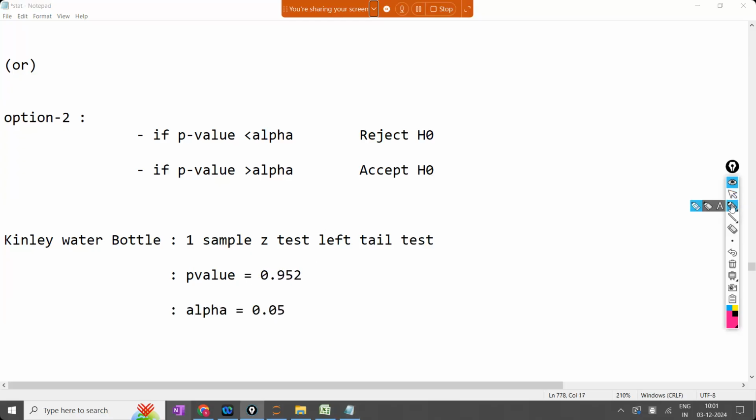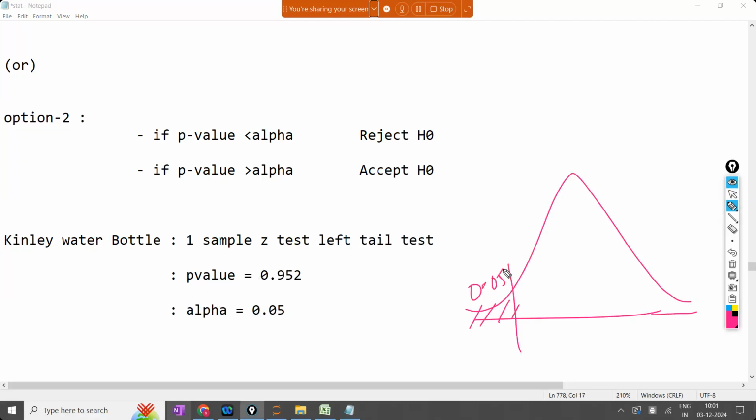Now, first I am going to draw the diagram for the left tailed test. This is 0.05, and this is 0 to 0.5 and 0.5 to 1. Since I got the value 0.52, it is in the acceptance region.